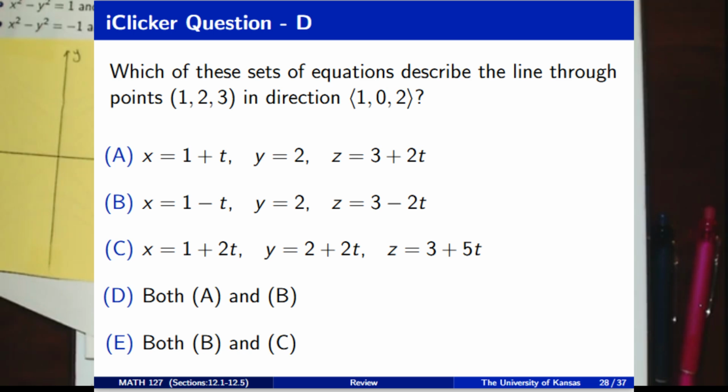Four, 3. Is everybody doing this? 2, 1. What did you answer? Well, okay, I had 180.